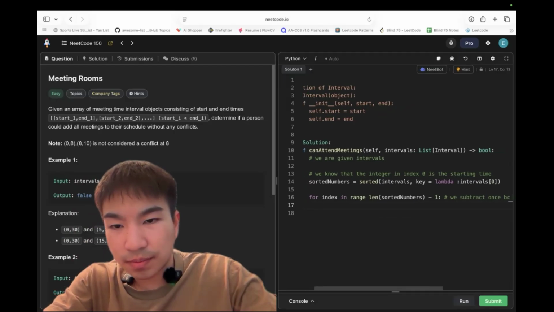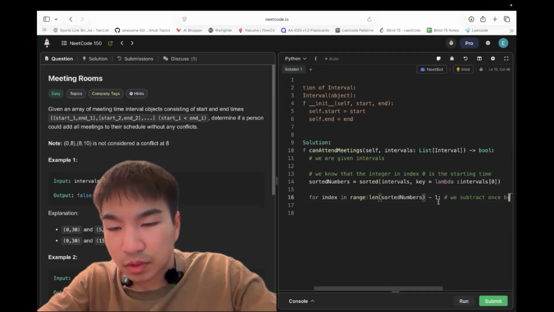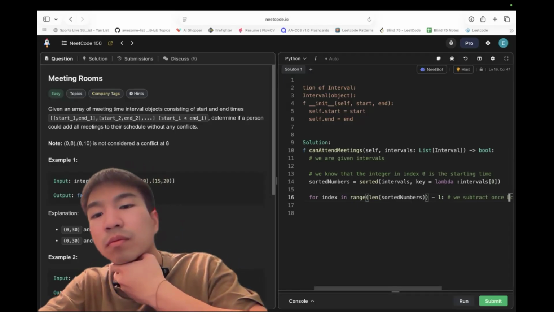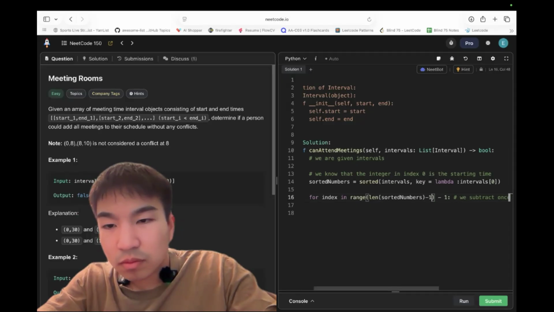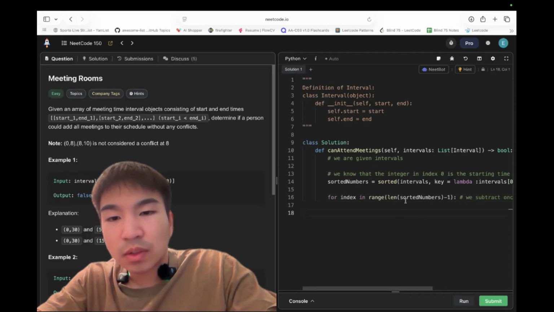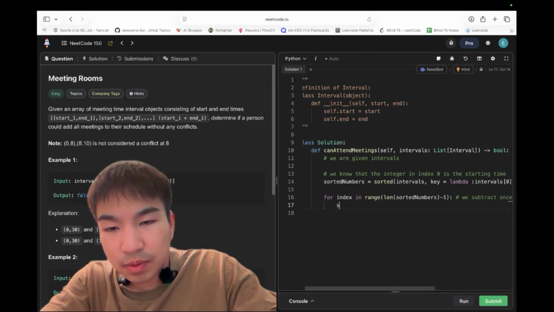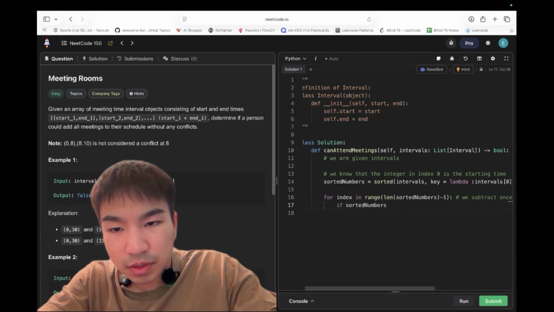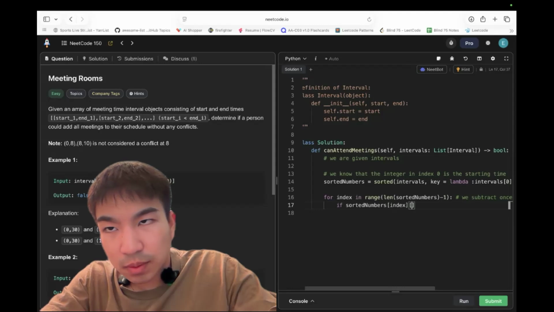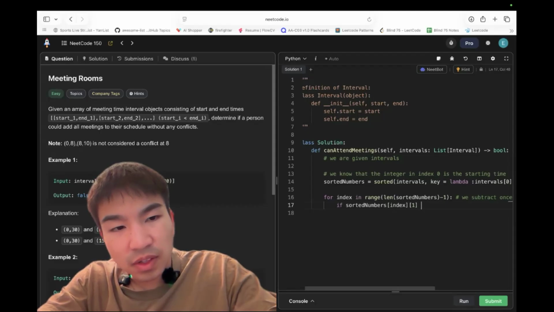Okay, now we could just compare it. We could do sorted numbers at this index, and the next one.